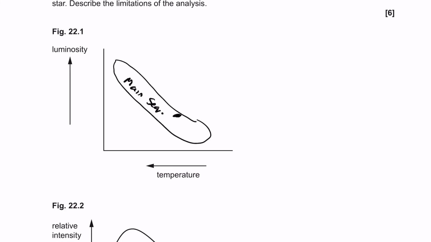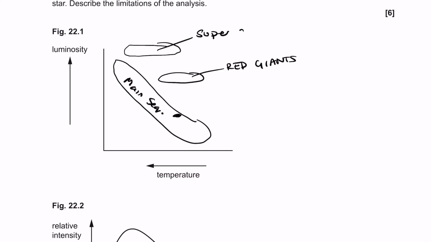And then we have the red giants somewhere around here, followed by red supergiants, which are slightly above over here. And then we have the dwarf. So I'm going to link that evolution to explain how it goes about its cycle in terms of temperature and luminosity as well.